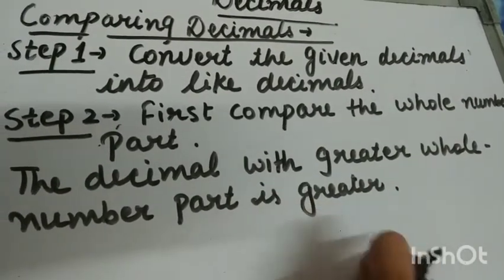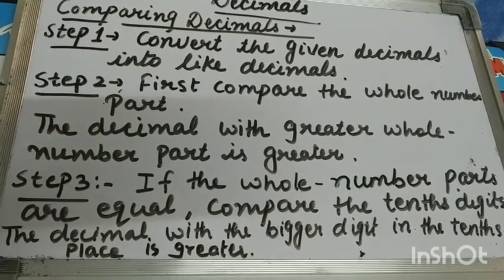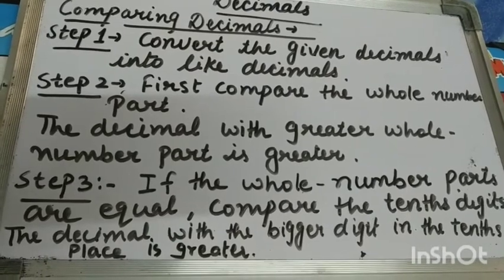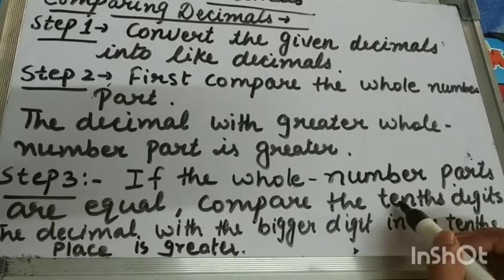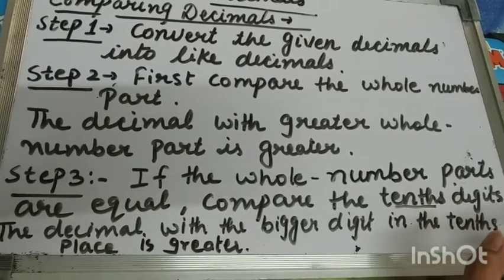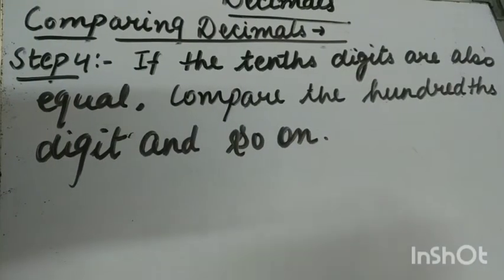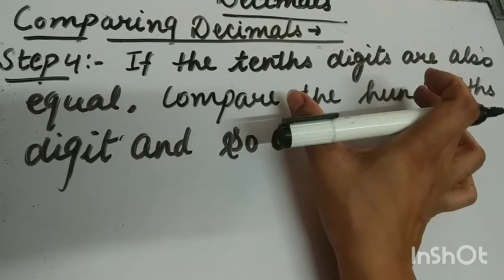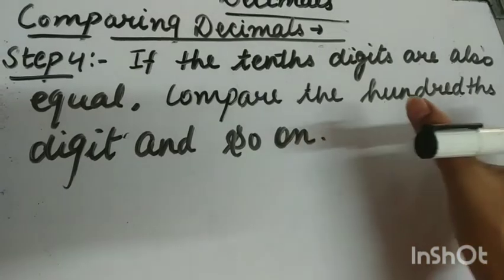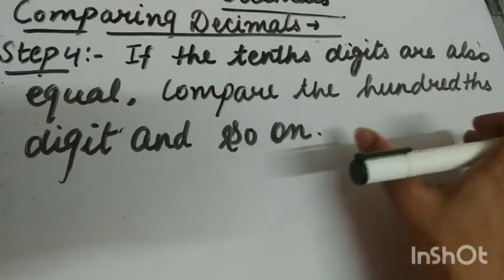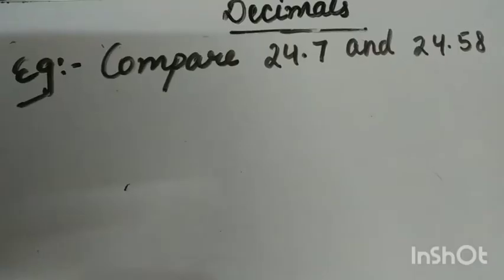If the whole number parts are equal, then compare the tenths digit, and the decimal with the bigger digit in the tenths place is greater. If the tenths digits are also equal, then compare the hundredths digits, and so on. This is how we compare decimal numbers.